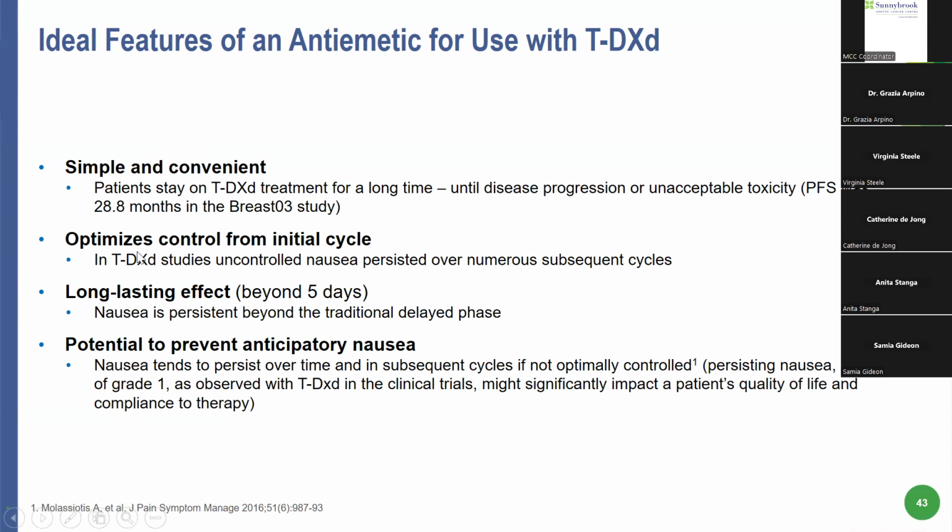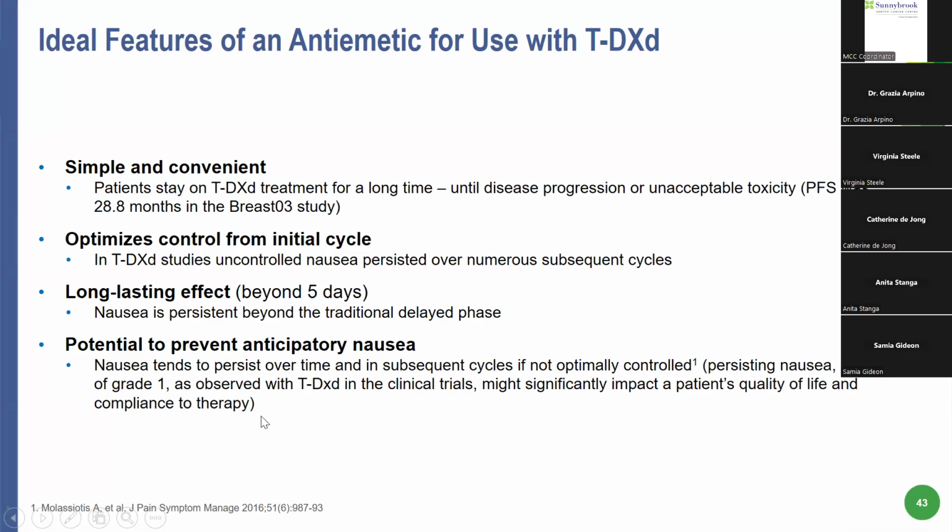The drug should be able to optimize nausea control from the very first cycle. Importantly, we should have something that lasts beyond the first 5 days from the infusion, because as I showed you, many patients continue to experience low-grade nausea through all 21 days of the cycle. For 1 year or 2 years, having this grade 1, grade 2 nausea is very uncomfortable.